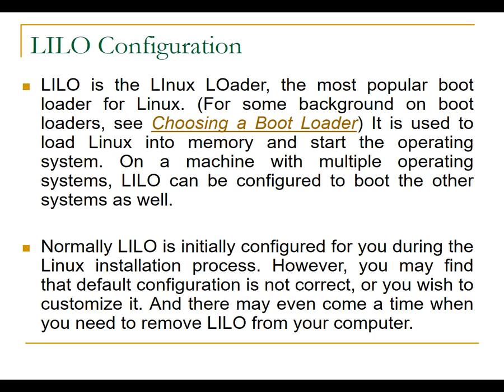This Lilo configuration works whenever a single computer has dual operating systems. If you have not forgotten, in our previous lecture we learned that in a single computer system we can install multiple operating systems as long as space is available on separate drives. That means we can install any flavor of Linux with any flavor of Windows also.